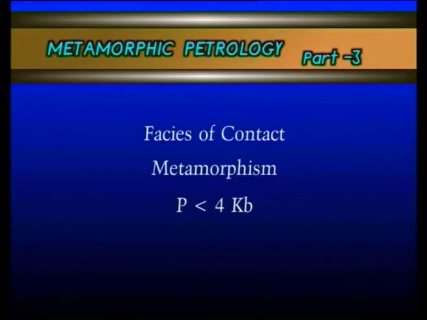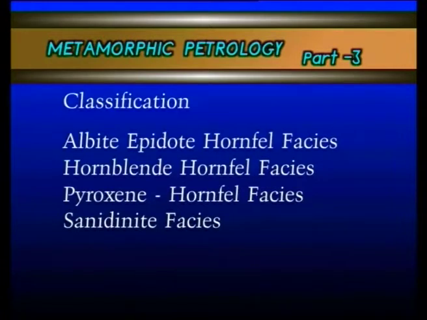Now we look at another side where the pressure is normally less than 4 kilobar. We can observe the following facies, mainly albite epidote hornfels facies, hornblende hornfels facies, pyroxene hornfels facies, and sanidinite facies.